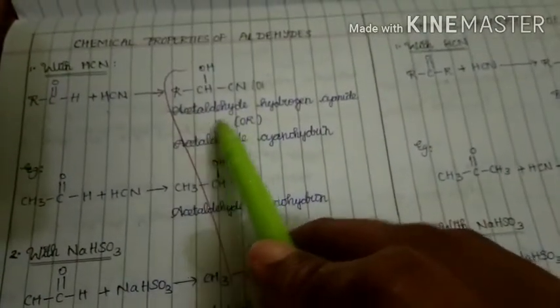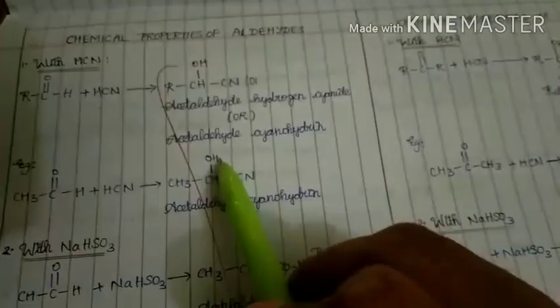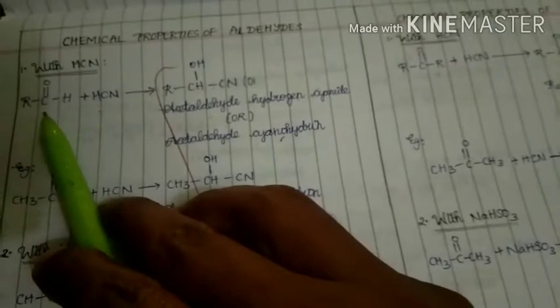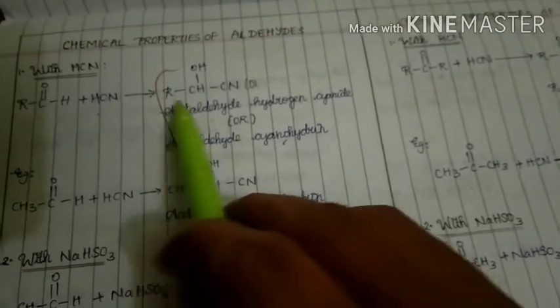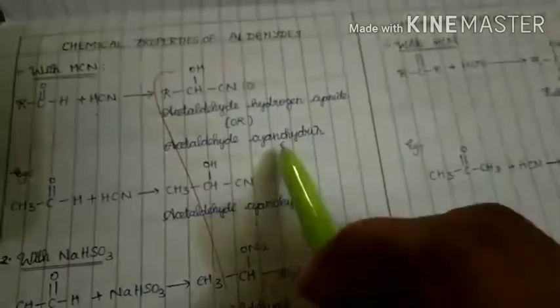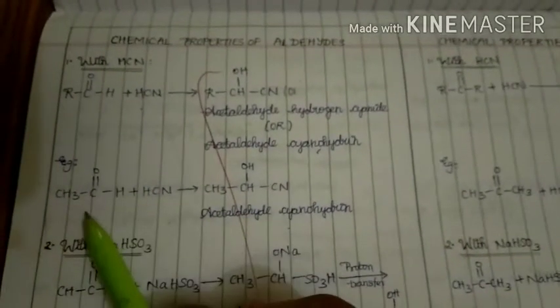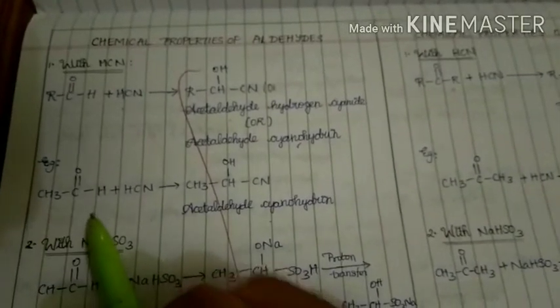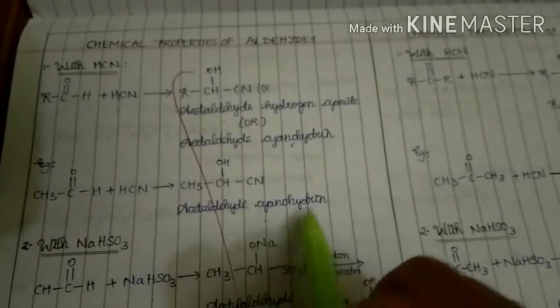Finally, we get this one, RCHOHCN. This is aldehyde hydrogen cyanide, because this is an aldehyde, this is hydrogen cyanide, this is an addition compound. So the name is aldehyde hydrogen cyanide. Example, if you put CH3 instead of R, then this will be acetaldehyde, and we get acetaldehyde cyanohydrin.